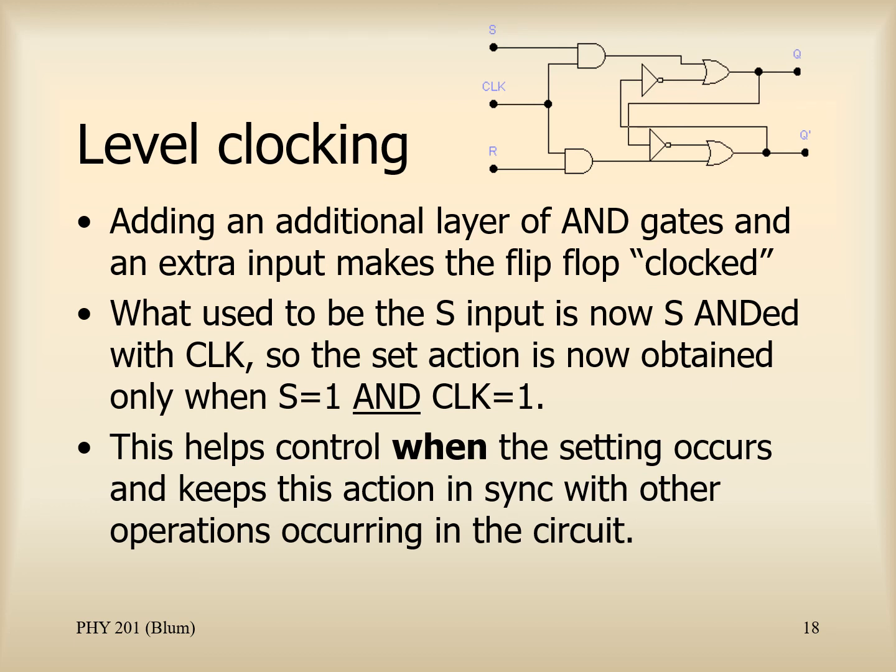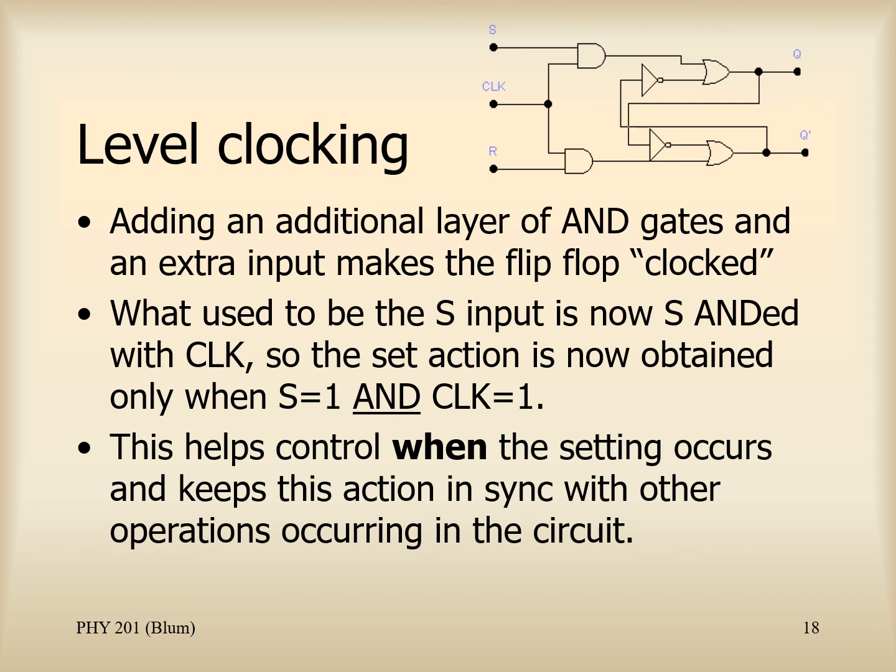Now we've established previously that without the AND gates, the setting action occurred when S was 1 and R was 0. That was prior to the addition of the AND gates. Now with the addition of the AND gates and the new input clock, the output of the AND gate is what used to be the S input. So when are we going to get the possibility of setting the flip-flop?